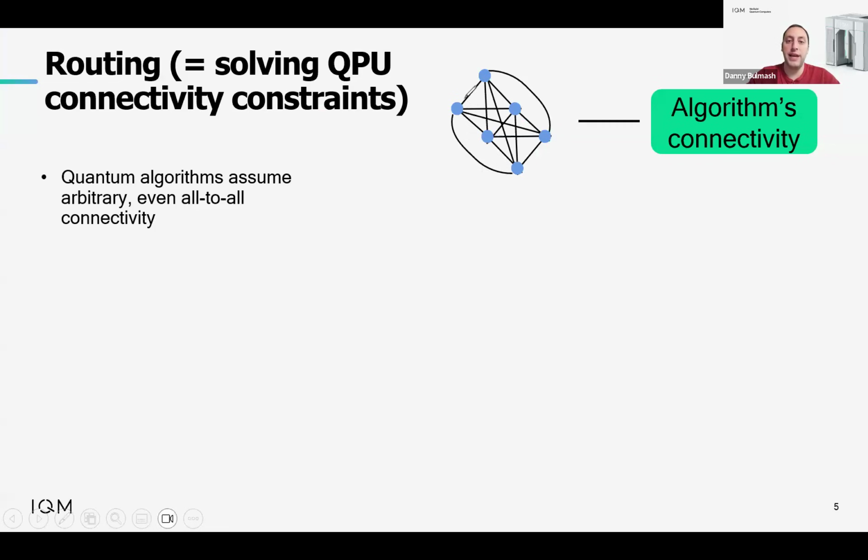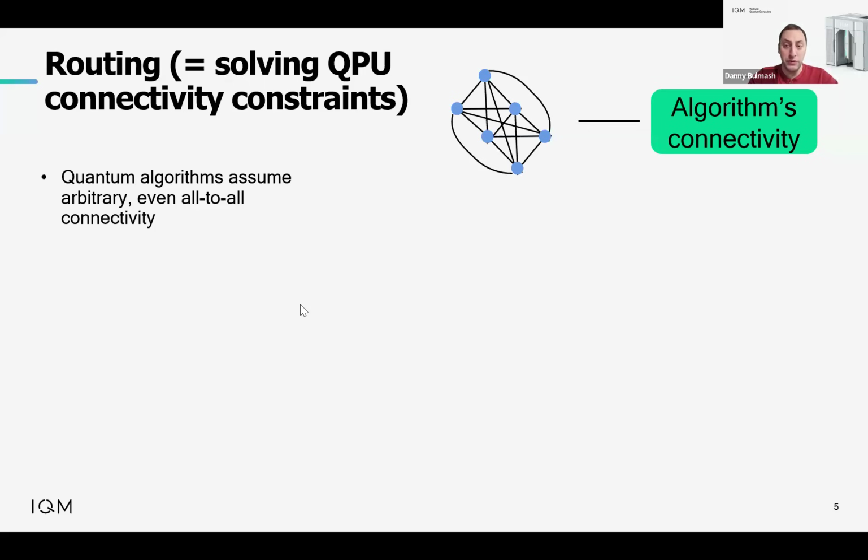For example, if this is qubit 1 in the code that we've written, we assume that it can talk to qubit 2 and qubit 3 and qubit 4 and qubit 5 and qubit 6, no problem, right? A lot of times we assume that all of those qubits can talk to each other, and that means we can apply 2-qubit gates that affect any 2 qubits in our system.